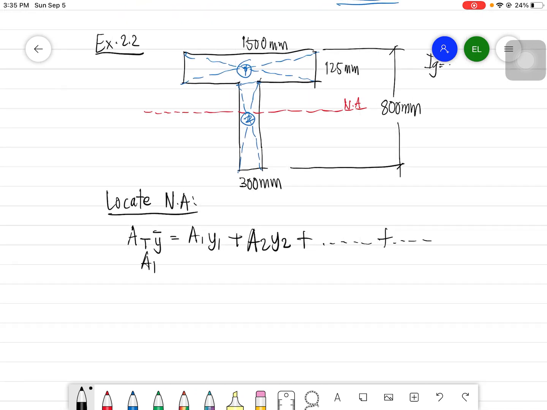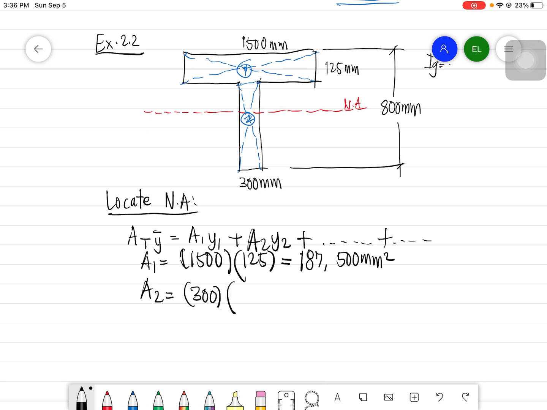Okay, for area 1, that is the area of the flange, which is 1500 times 125, which is equal to 187,500 mm squared. Then you have A2, which is 300 times 800 minus 125. As you notice here, guys, 300 and 800, then deduct the thickness of the flange.